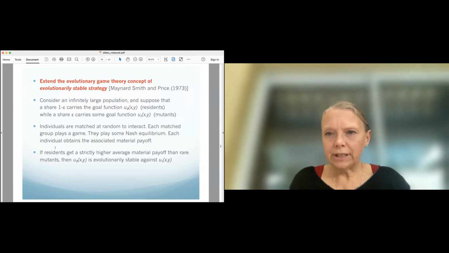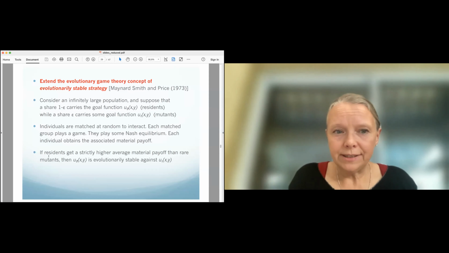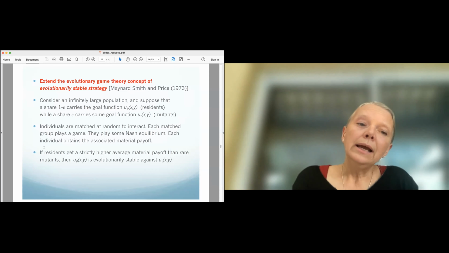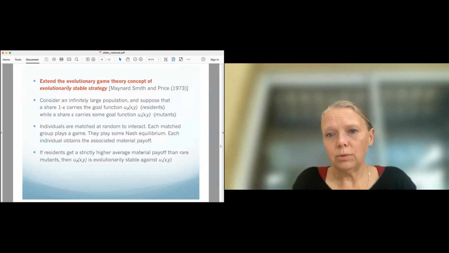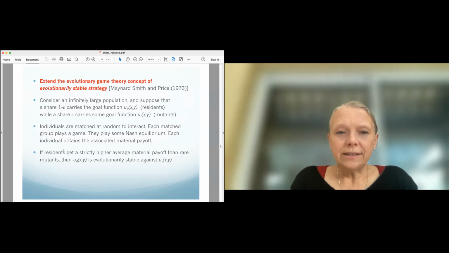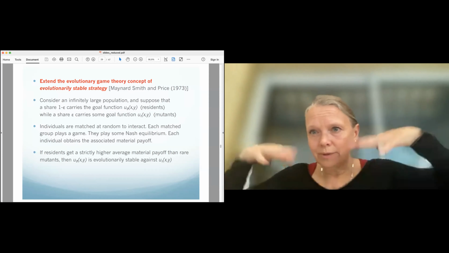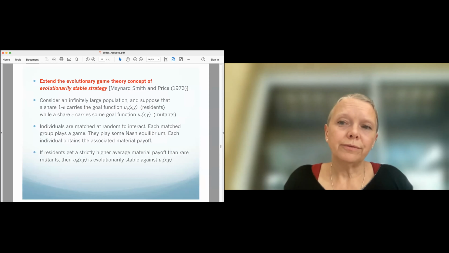And then one can evaluate what is the average material payoff that residents get, and what is the average material payoff that mutants get. And so we will say that the goal function u theta is evolutionarily stable against u tau if residents get a strictly higher average material payoff than these rare mutants. Then the resident goal function can prevent the entry of the mutant goal function.